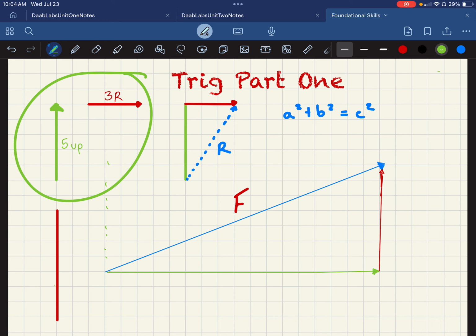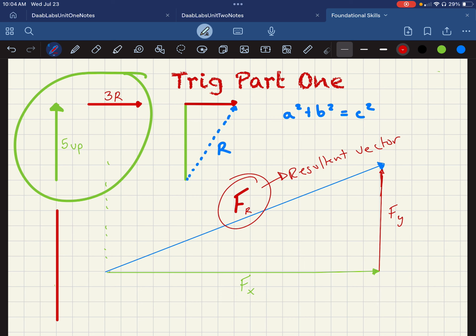It has one piece that we would call the force that's being distributed in the x direction, and another piece that we would call what the force is exerting in the y direction. And then we have the combined x and y acting together, which forms this resultant vector. It's a total vector that's comprised of those components.